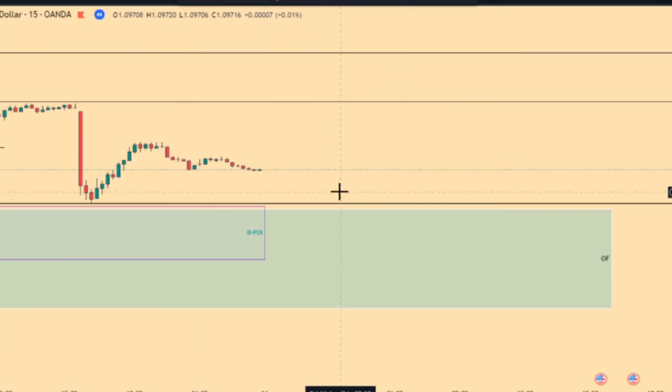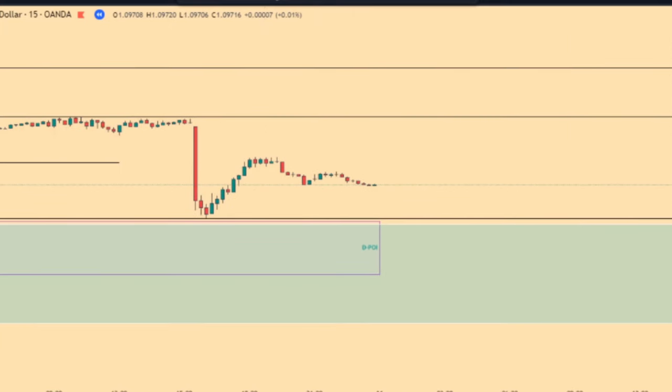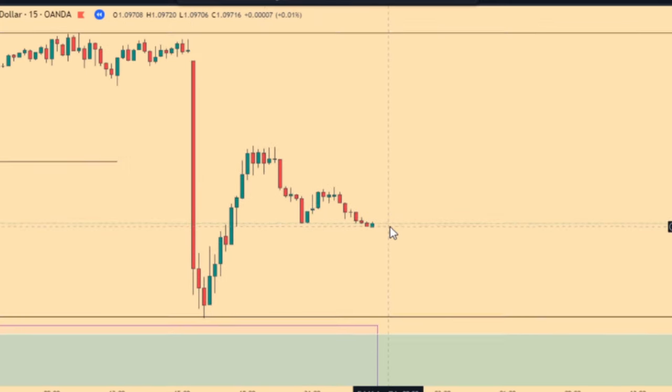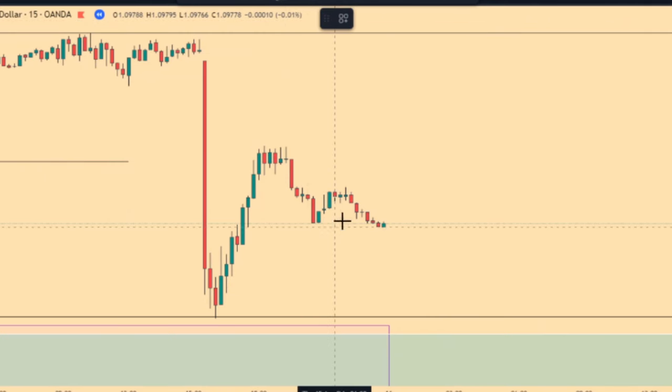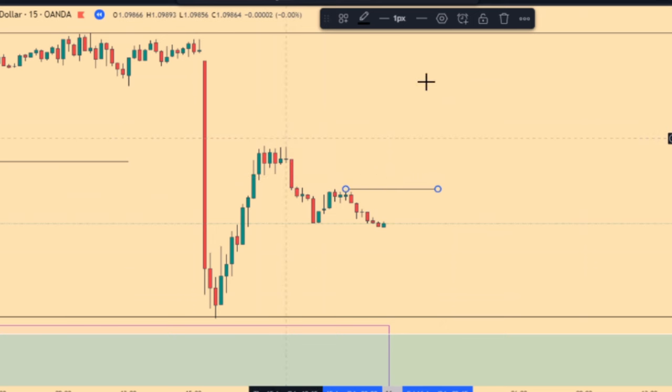Now if you're going the hard way, then this is how you need to be trading. So you can see the market pushed up, is now pulling back. Now we may need to see this being taken for this to confirm that we have internal choke.